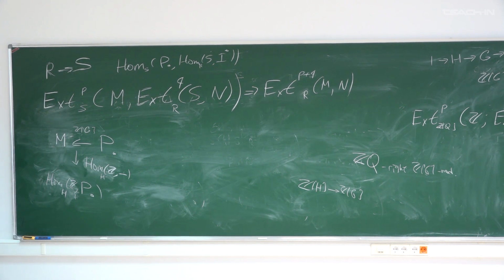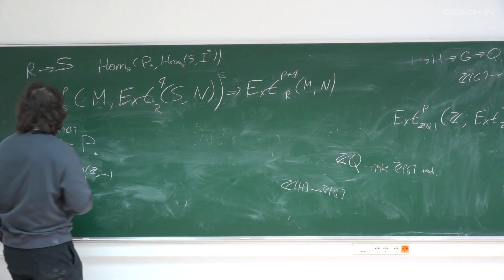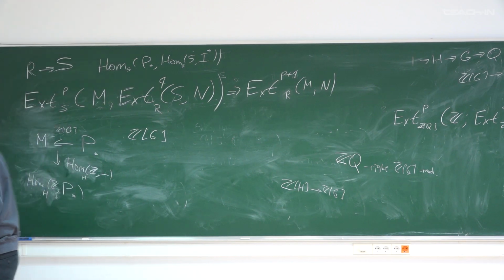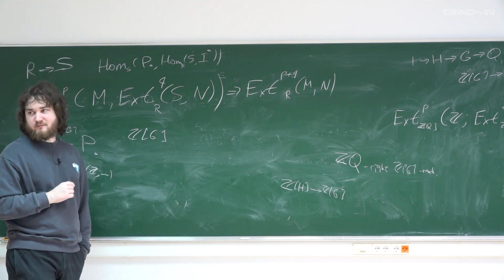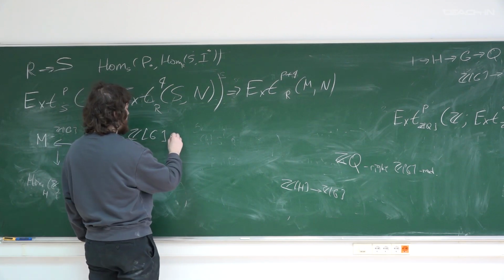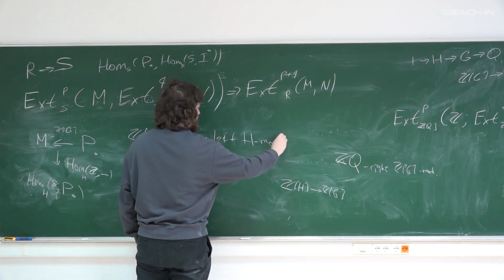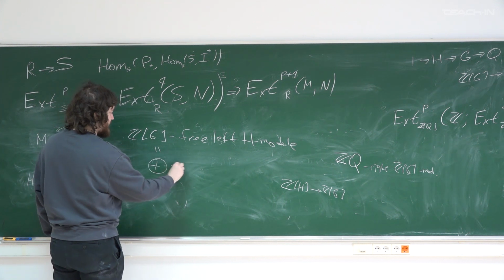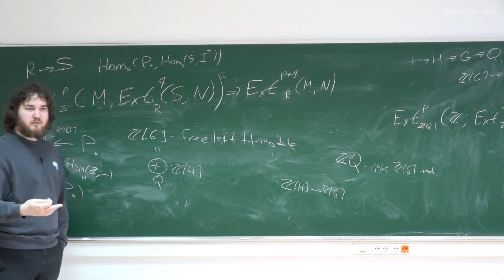Okay, but here I want to obtain the following observation: ZG as left H module is free. It's free left H module, because it's direct sum of ZH over Q, over cosets.